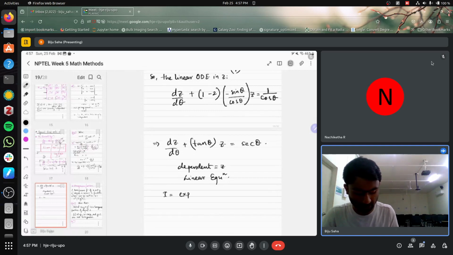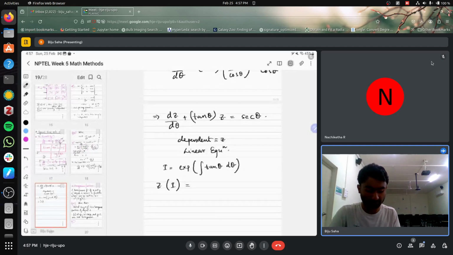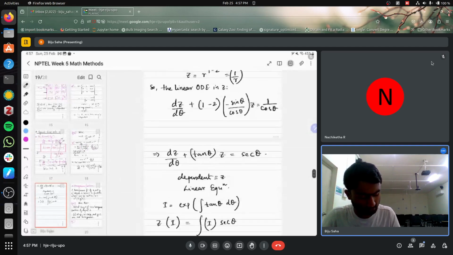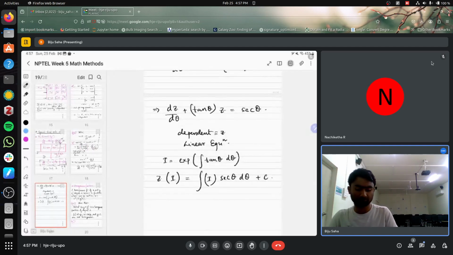You can easily do it, and use whatever you get after integrating. So I'm not integrating it out, it is a simple integration. So z into the integration you get, yeah.